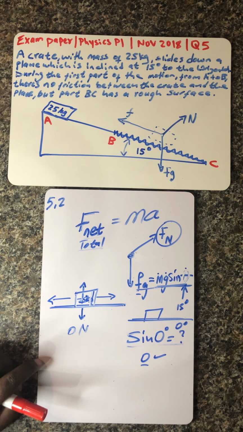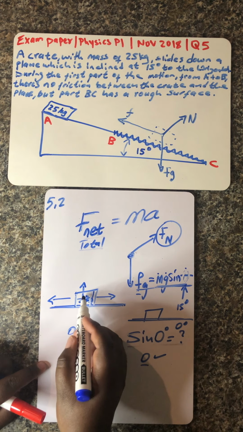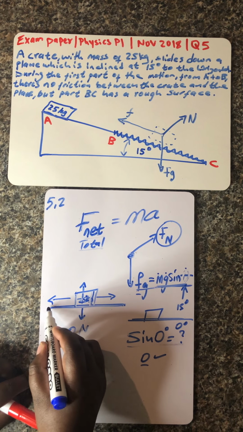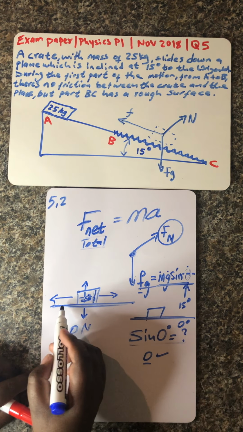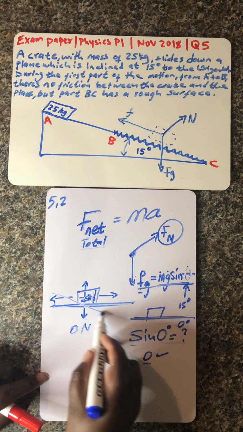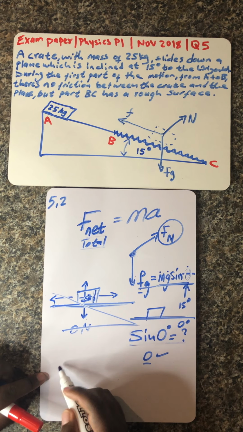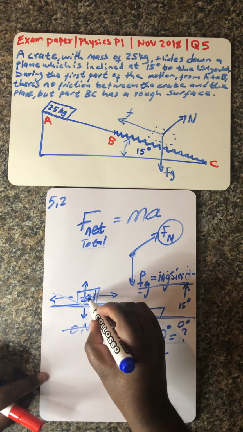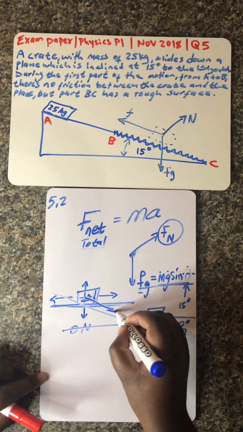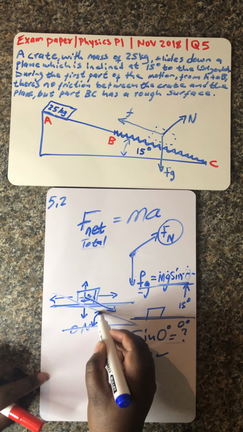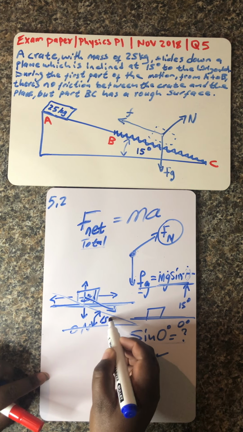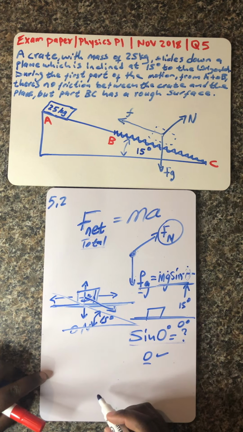Okay, but what happens when that object is no longer sitting on a horizontal surface, but on a surface which is at an angle? What happens to that object? It starts to slide downwards. Why is it sliding? Because now the angle has increased from 0 to a certain number, which in that case is 15.